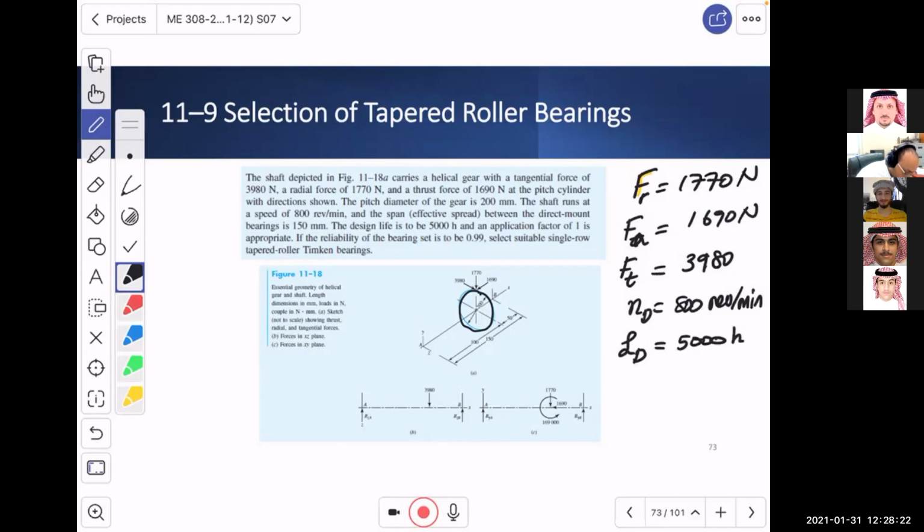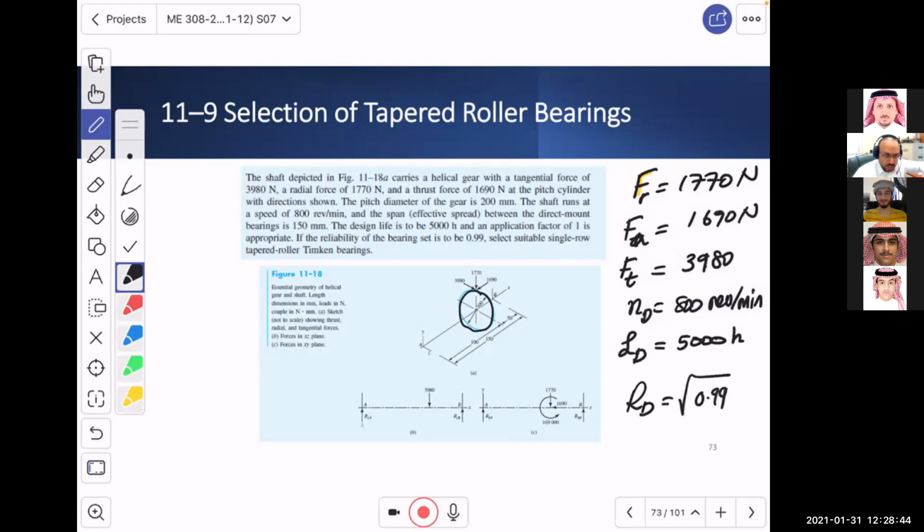And we want the reliability of the bearing set. If we say the reliability of the bearing set, this means the desired reliability is the square root of the reliability for both bearings, which is 0.99, the square root. That's the goal.